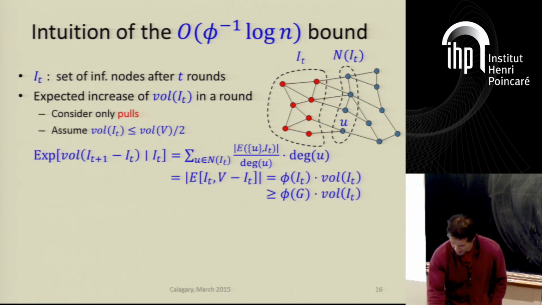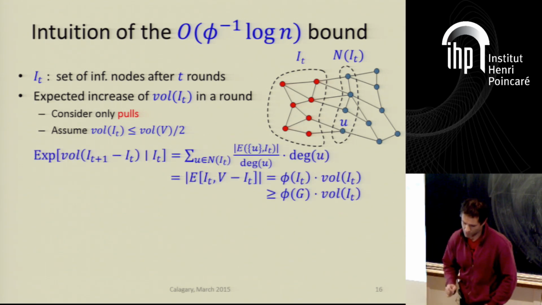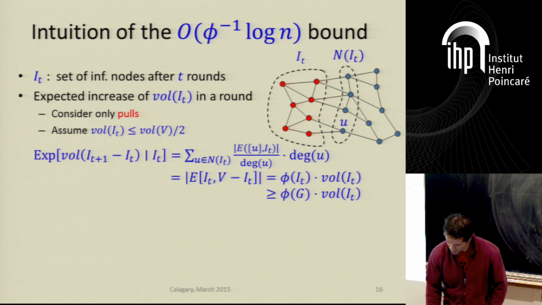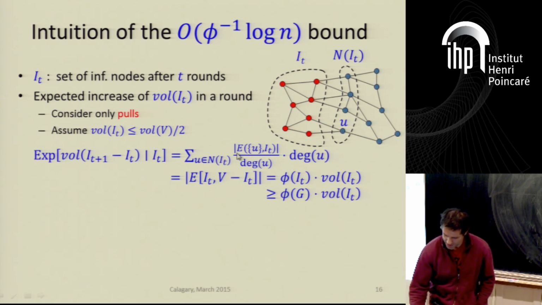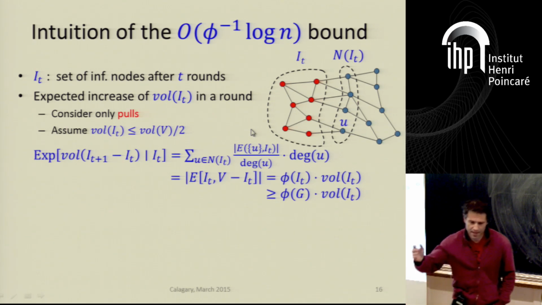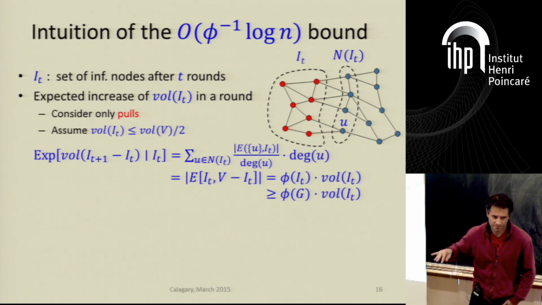So in order to compute the expected increase of the volume of red nodes, we just sum this quantity that I just described over all these nodes. So this is the probability, and this is the volume. So this and this go away, and what we are left with is just, so this sum is just the number of edges crossing the cut.